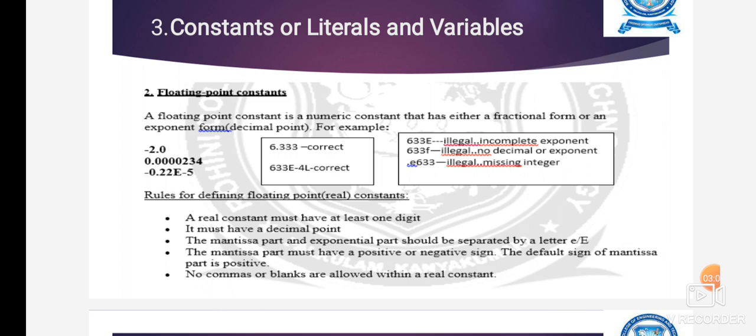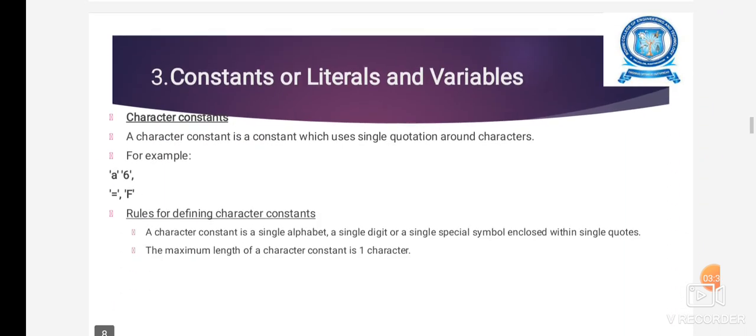A real constant must have at least one digit and it must have a decimal point. The mantissa part and exponential part should be separated by a letter, that is small e or capital E. Then the exponent part must have a positive or negative sign. The default sign of the exponent part is positive. No commas or blanks are allowed within a real constant.